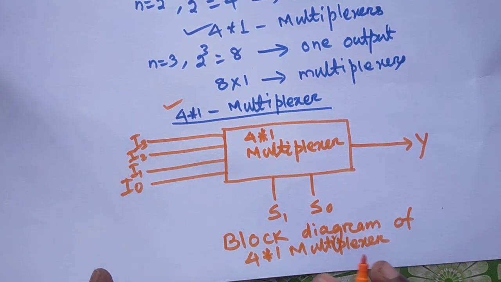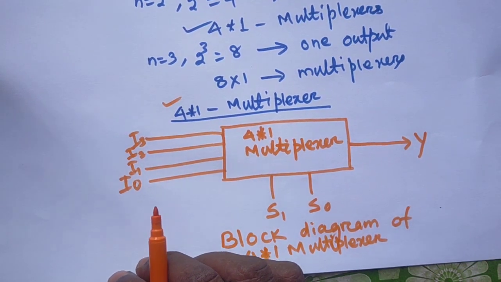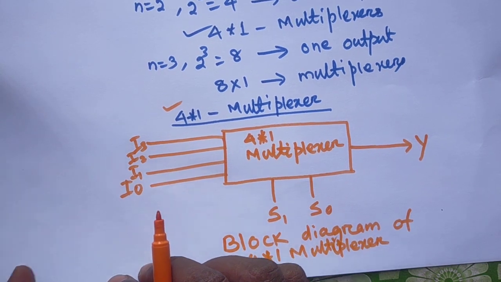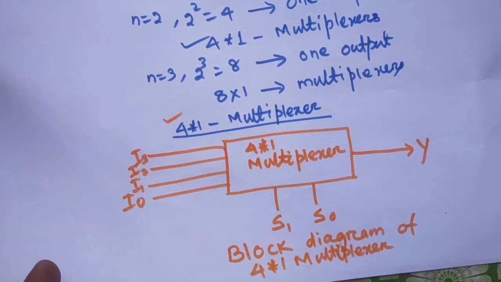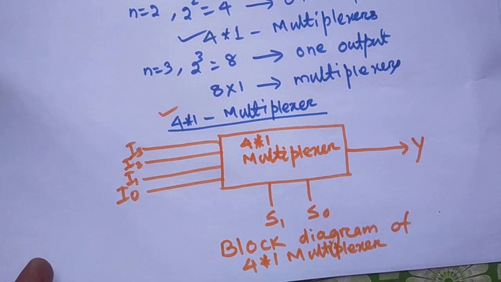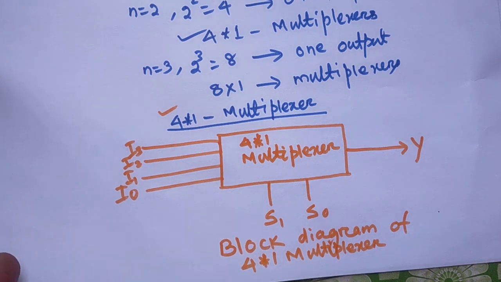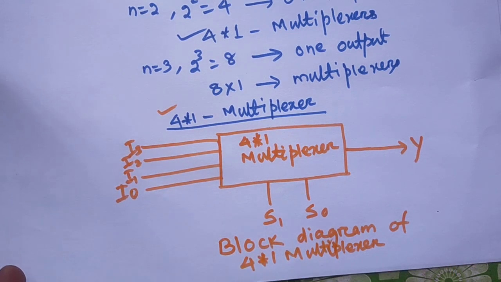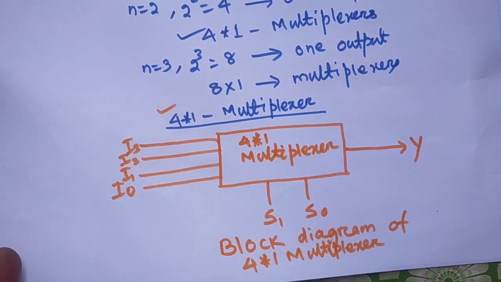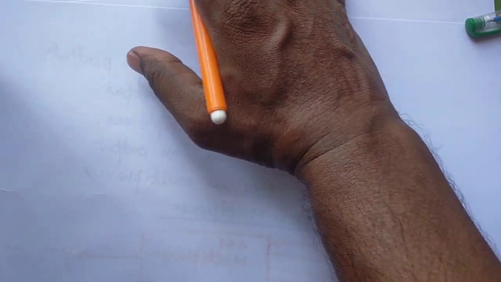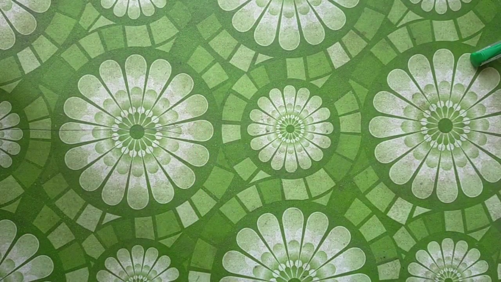We can tell in this way, no problem. Now from this multiplexer we can define a truth table. Another name is the function table for the 4-1 multiplexer. Now we see the function table for the 4-1 multiplexer.